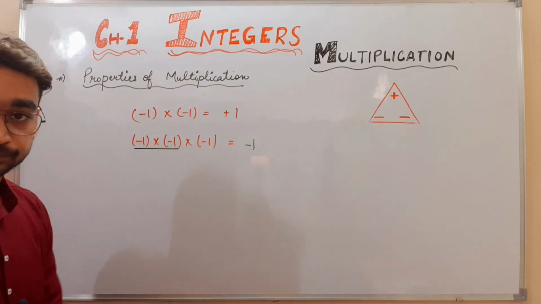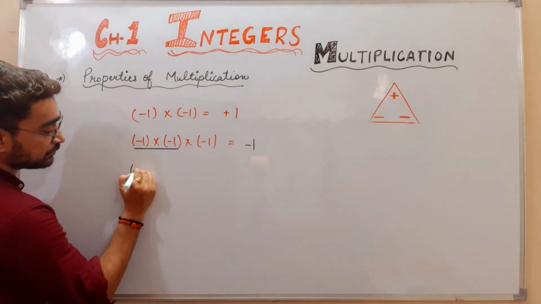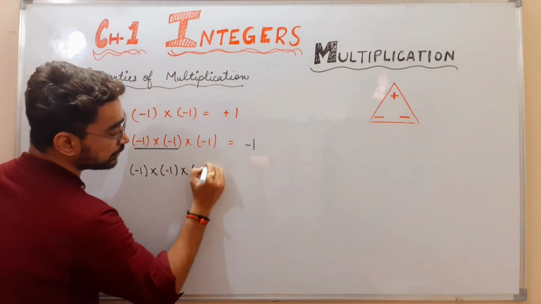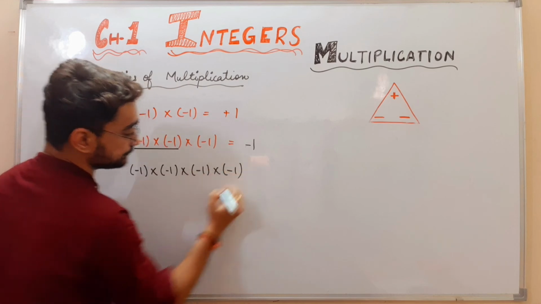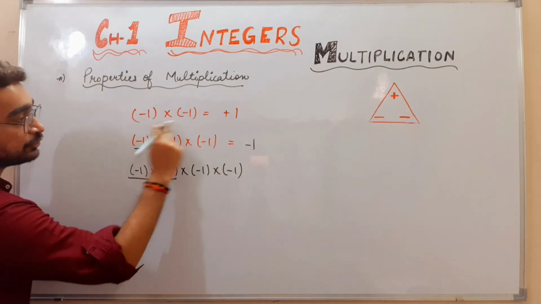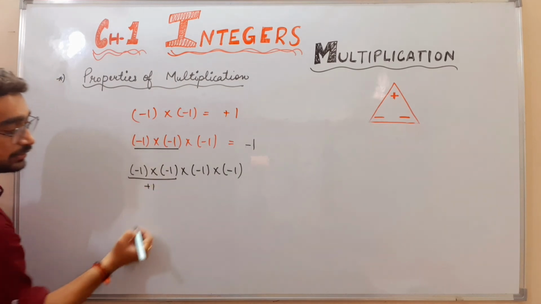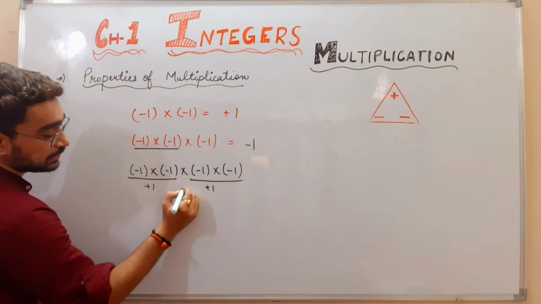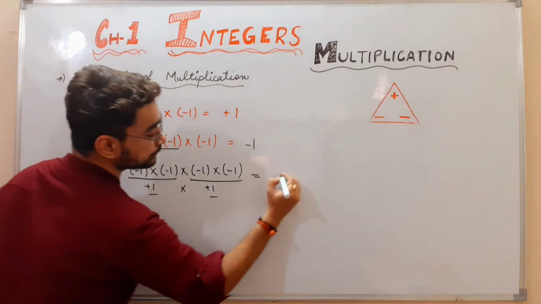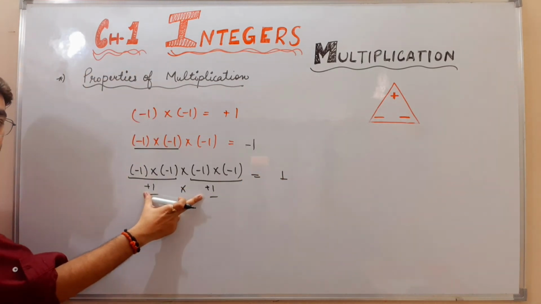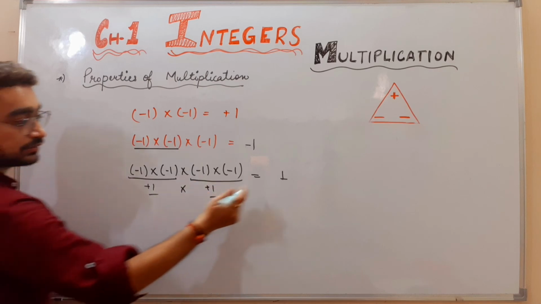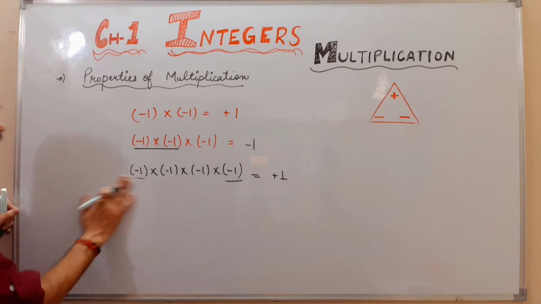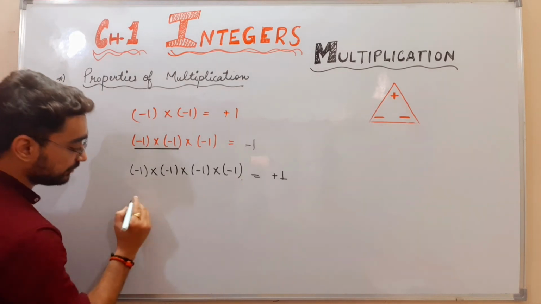Right? What will happen if it is minus 1 into minus 1 into minus 1 into minus 1? See, minus 1 into minus 1 will give you plus 1, and this minus 1 into minus 1 will give you plus 1. Then what is 1 into 1? 1. Both numbers are positive, so the answer will also be plus 1. Now what will happen if they are coming 5 times?